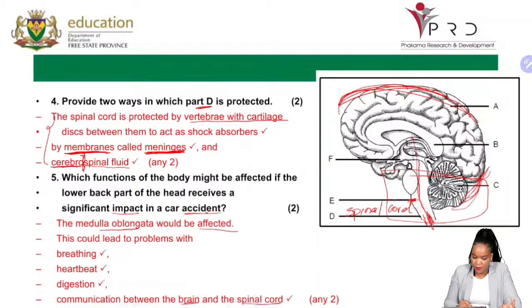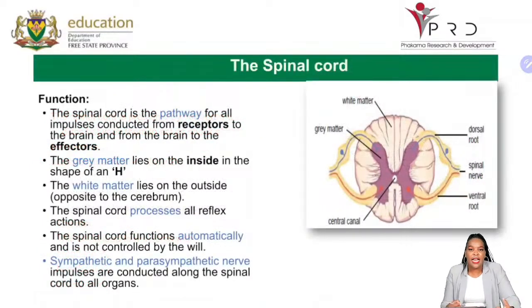Right. I think we are done with the brain. Where you are seated right now, you must be very confident about the brain, confident to answer any questions that you find on the brain. Right. Now we come to the spinal cord. Remember, we are still busy with the central nervous system.